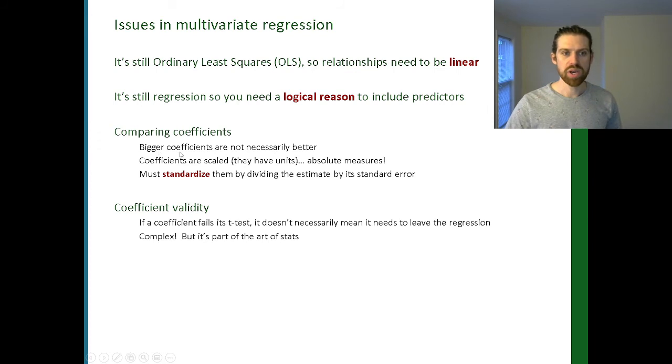So bigger coefficients are not necessarily better. The coefficients are scaled, they're not absolute measures, and you must standardize them by dividing the estimate by its standard error. Coefficient validity: if a coefficient fails its t-test, it doesn't necessarily mean it needs to leave the regression. Well, it's complicated, you see. It's like you're using quantitative methods to do science, but there's an art behind it.